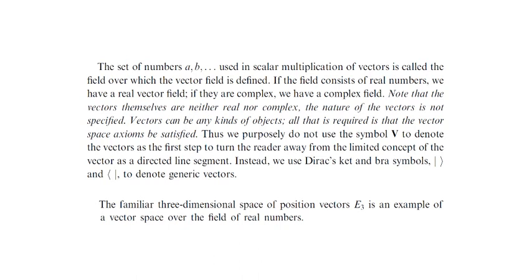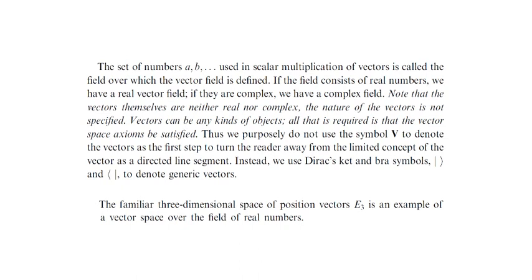The vectors are neither real nor complex, or actually we don't know what the nature of vectors is because we have not specified what our vectors are. Vectors can be anything. Just as I said before, they can be matrices, they can be functions, any set of objects. All they need to do is comply with all these axioms if they are to form a linear vector space.